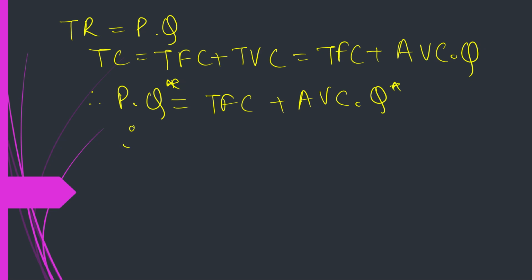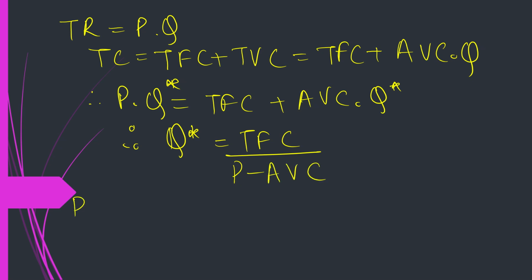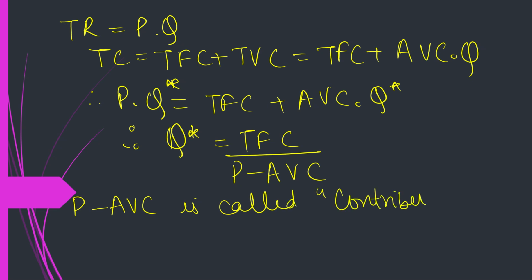Therefore, we get Q star equal to TFC upon P minus AVC, where P minus AVC is called the contribution margin.